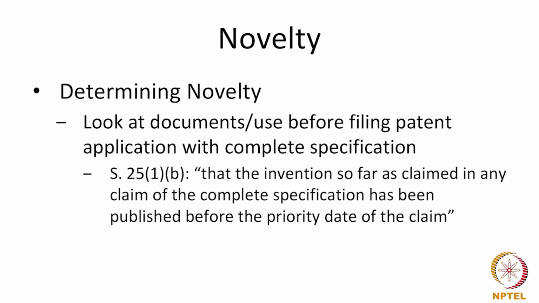Now, invention so far as claimed in any claim of a complete specification means that a pre-requirement for a novelty analysis is that there has to be a claim. So, that is why you find that the definition refers to the date of filing the patent application with the complete specification.